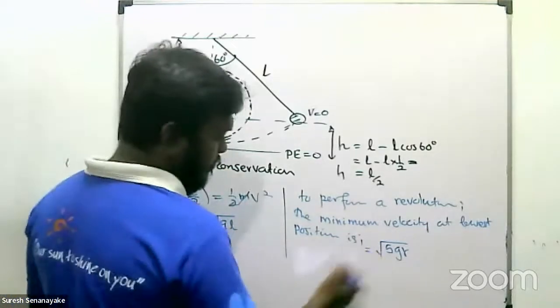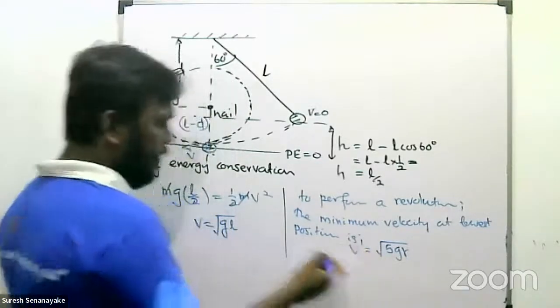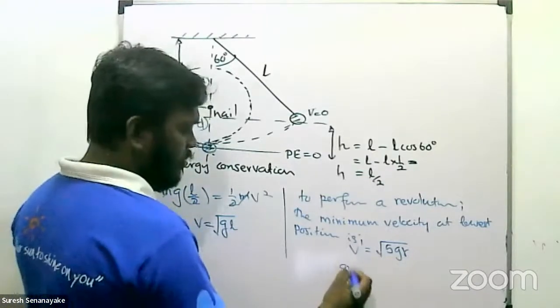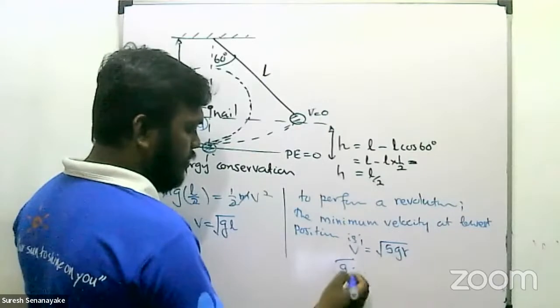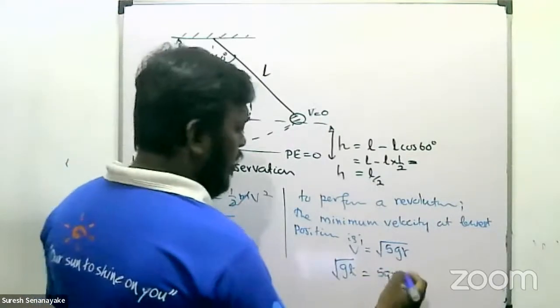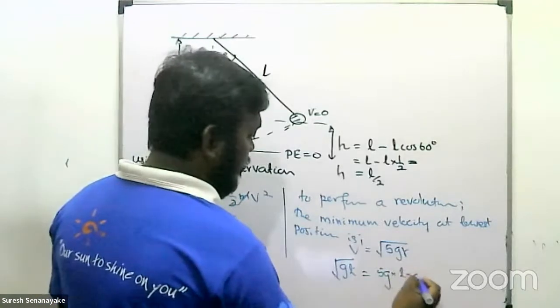The velocity at the lowest point, this v, should be equal to square root of 5 g r, where r is L minus d.